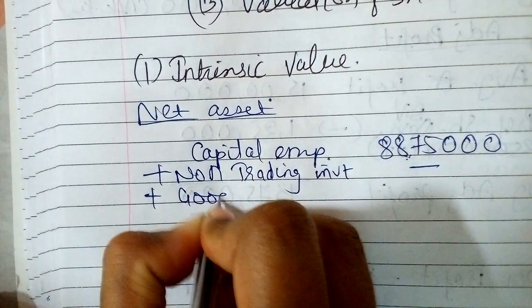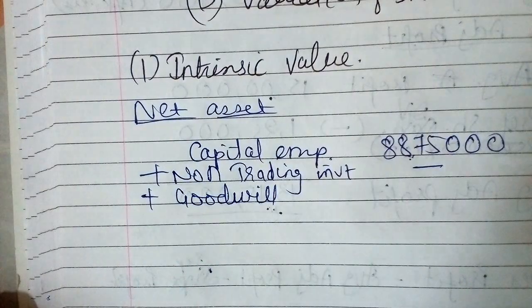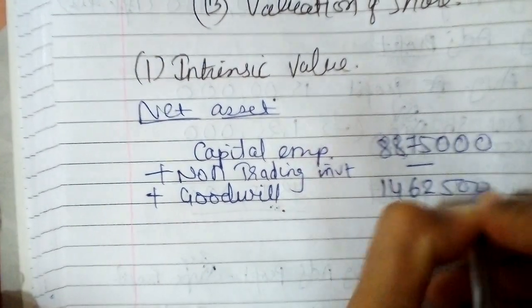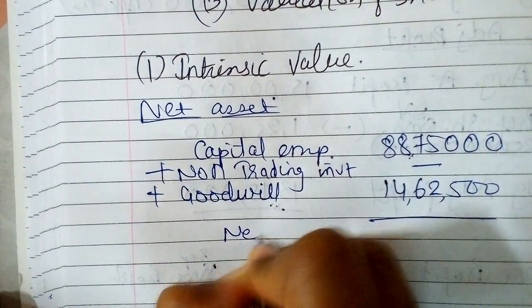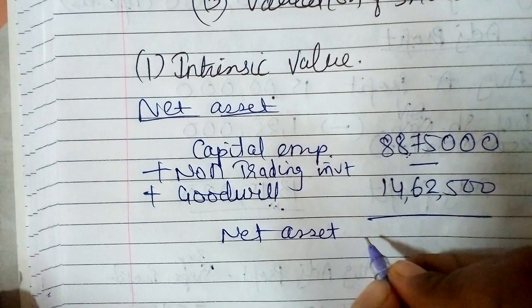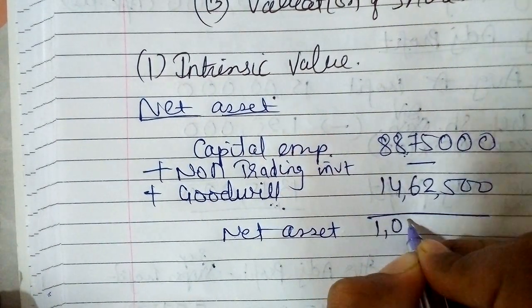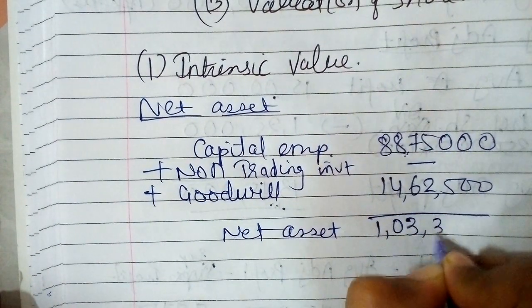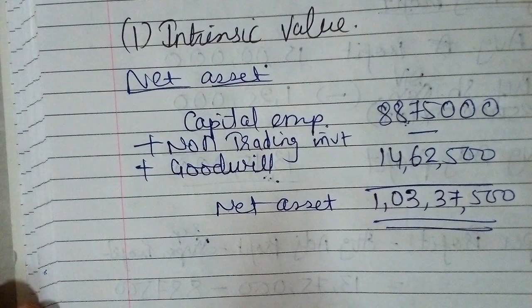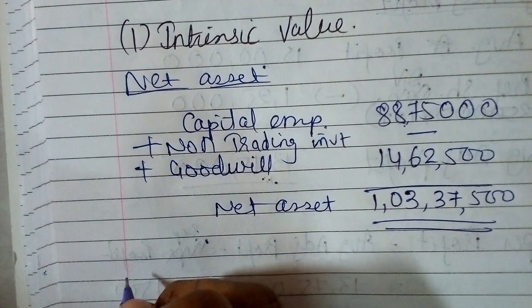Now add the value of goodwill as well in this, right? So that is 14,62,500. So our net asset will be 1,03,37,500. So this is the value of our net asset.